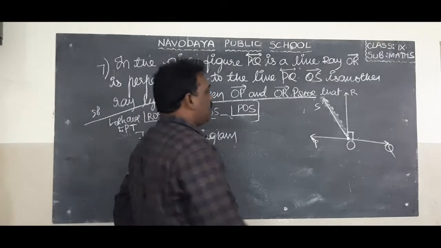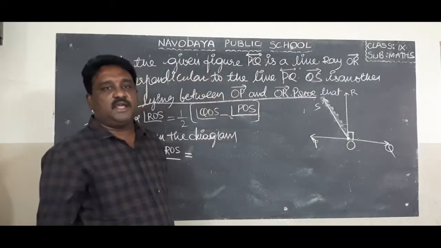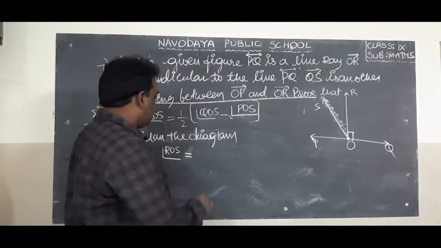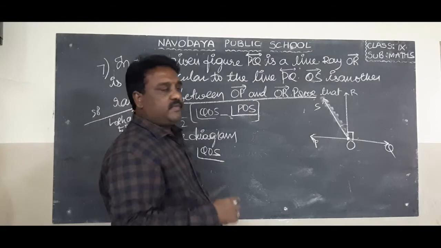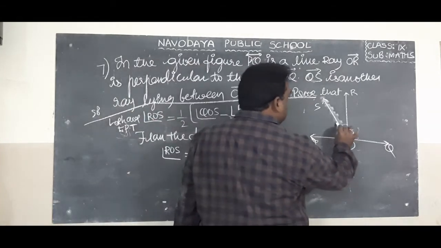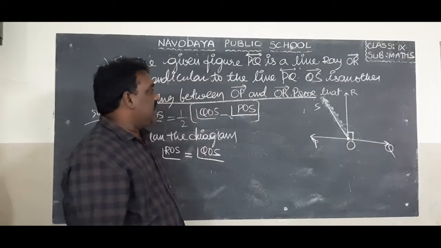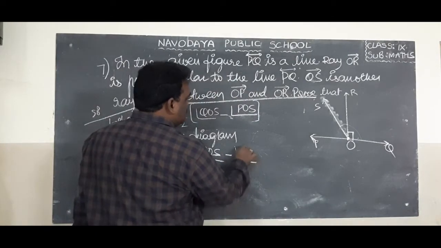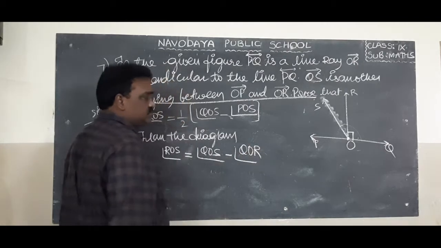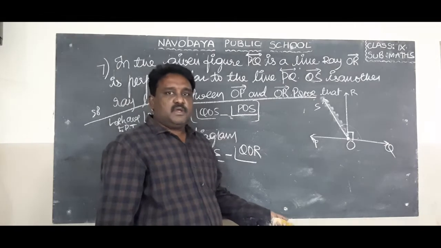This is angle ROS and it is an acute angle. Angle ROS equals angle QOS. Where is angle QOS? This total angle, the big angle, obtuse angle. Angle QOS minus angle QOR. Okay?